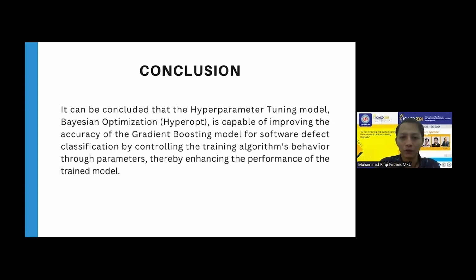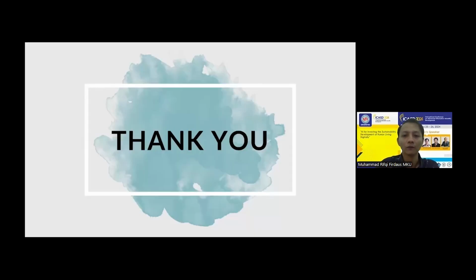It can be concluded that the hyperparameter tuning model Bayesian Optimization or Hyperopt is capable of improving the accuracy of the gradient boosting model for software defect classification by controlling the training algorithm behavior through parameters, thereby enhancing the performance of the trained model.